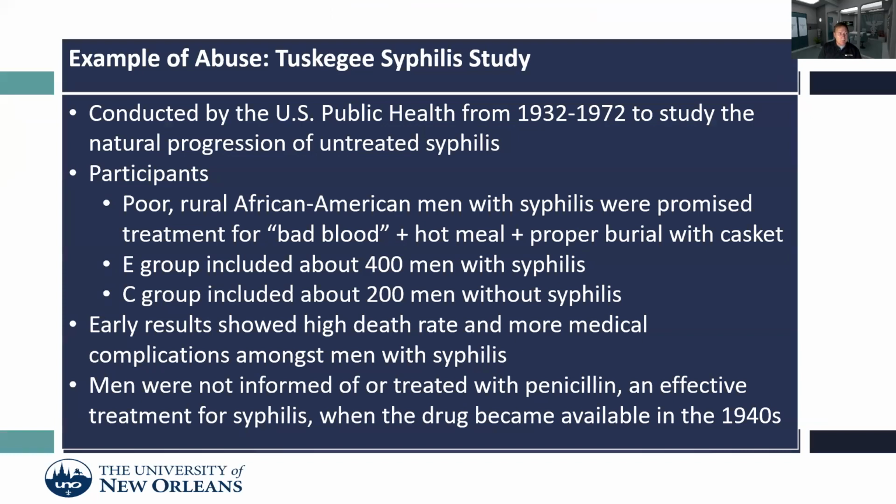So this is a little bit more about the Tuskegee syphilis study. Again, early on, I think there were good intentions with this, but at the time this was developed in 1932, there was no known cure for syphilis. So it does make reasonable sense that you would identify a target audience.